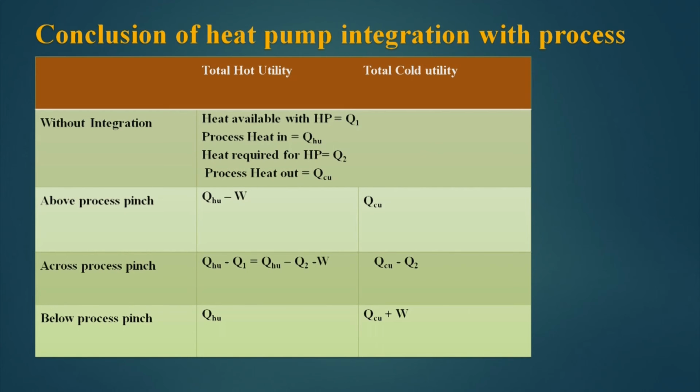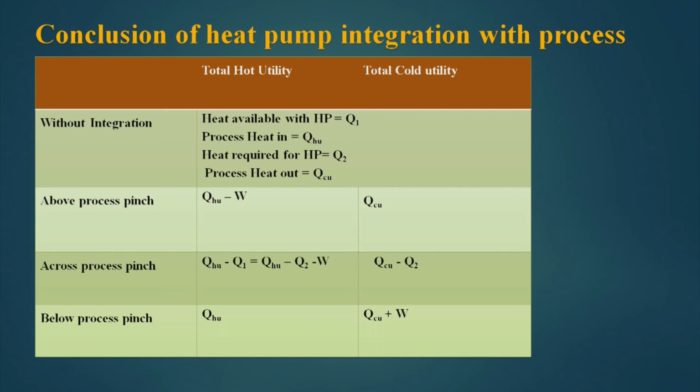Now, without integration, the heat available with the heat pump is Q1, that means it is able to push Q1 heat to the surrounding, and heat required for the heat pump is Q2, that means it picks up Q2 heat and sends Q1 heat to the surrounding.